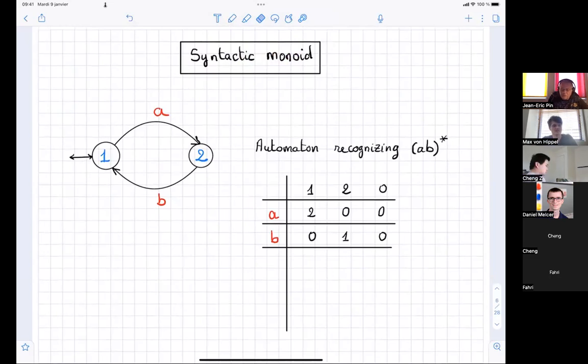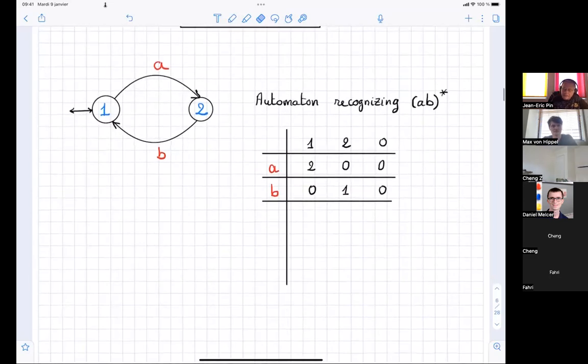So what I want to do is convert this automaton into a monoid, and the way I do this, I consider A and B as partial maps from {1, 2} to itself. So A maps 1 onto 2.